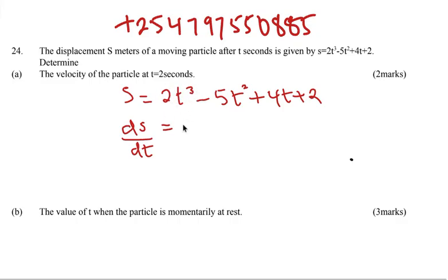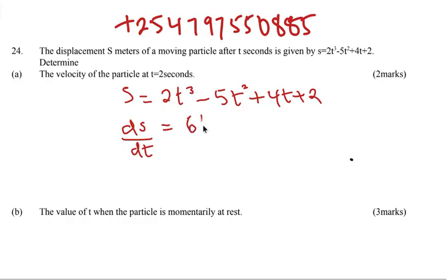So itakuwa 2 times 3, alafu kuna hiyo t power yake utasubtract, so 3 minus 1. So what you do, na repeat tena, hiyo power peleka nyuma, so 2 times 3 ni 6.